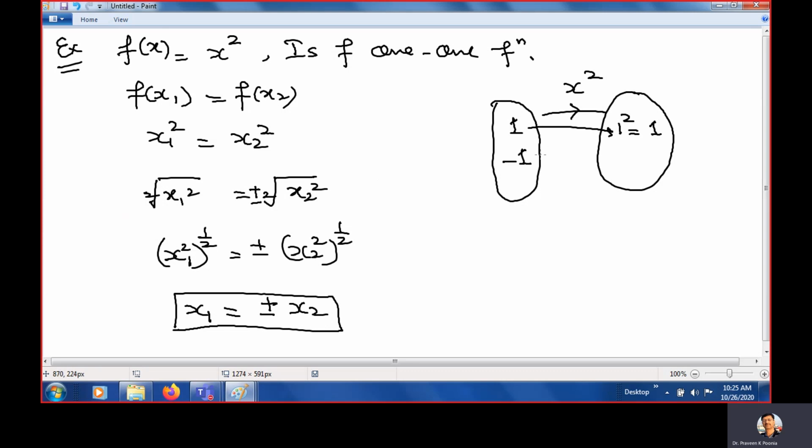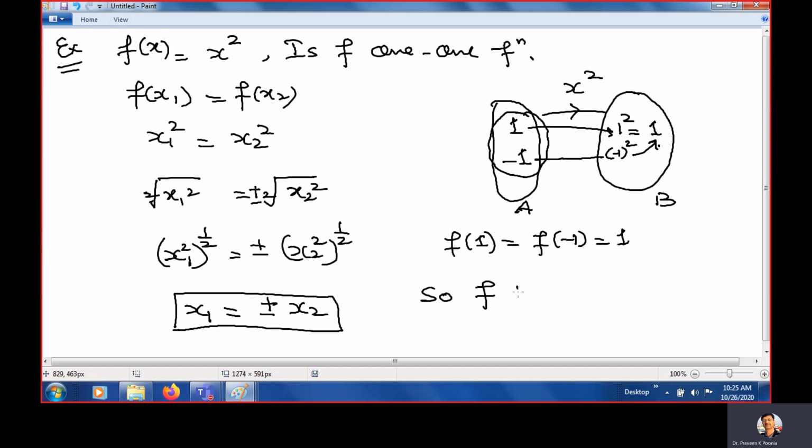If I take minus 1, then it is also, what is this? Minus 1 power 2 and this is also 1. So f(1) as well as f(minus 1) equals 1. Clear? So two different elements of set A have the same image.